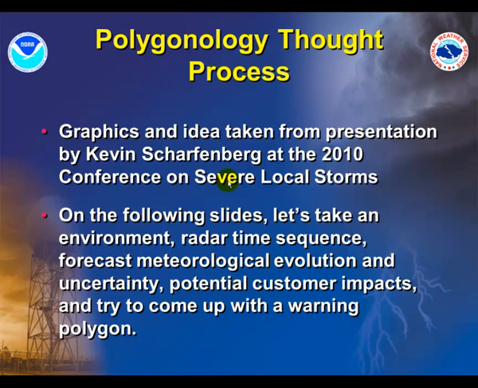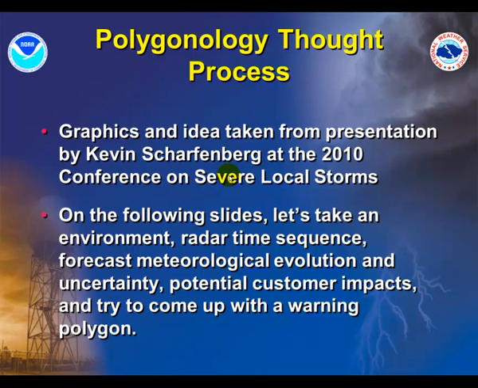This is an exercise that we're going to go through, just showing how complex it can be, factoring in both meteorological and non-meteorological factors when we're drawing our polygons. This is taken from a presentation given by Kevin Scharfenberg at the Denver 2010 Conference on Severe Local Storms.